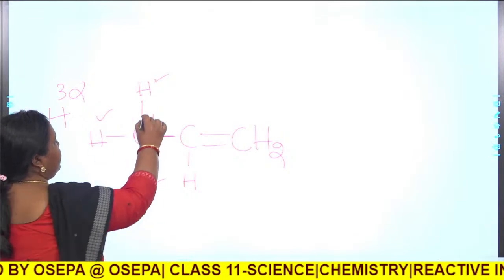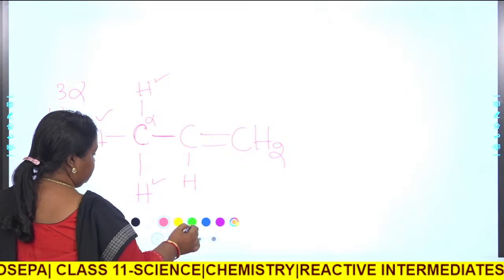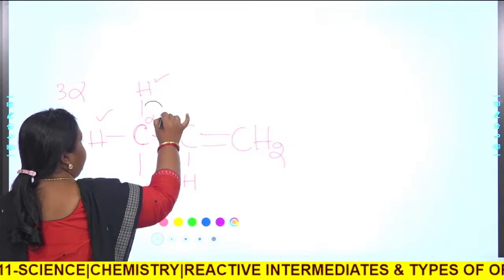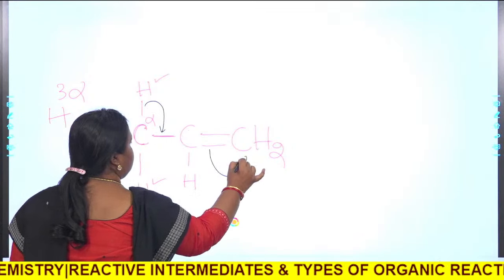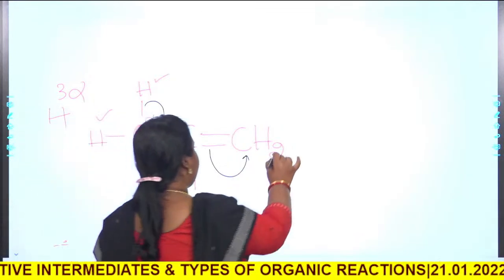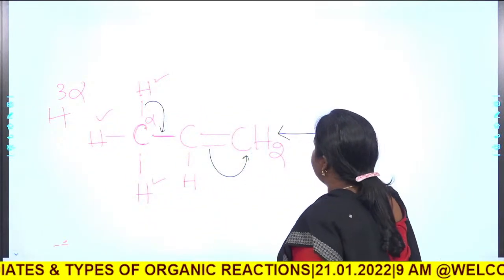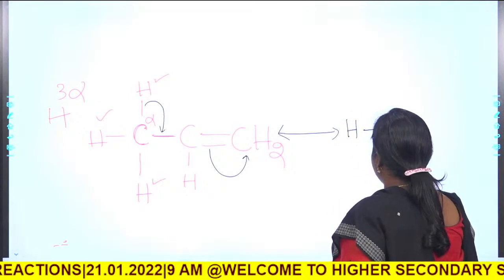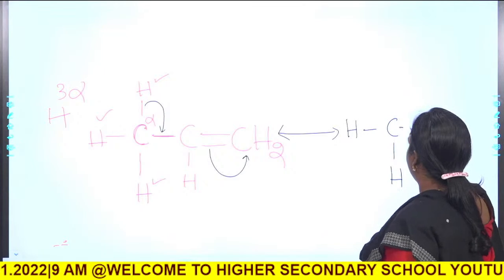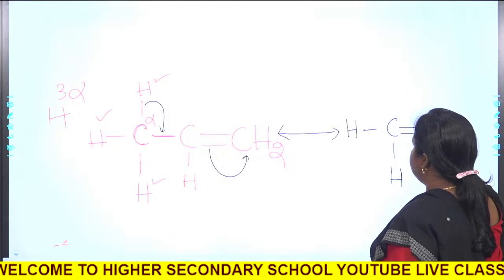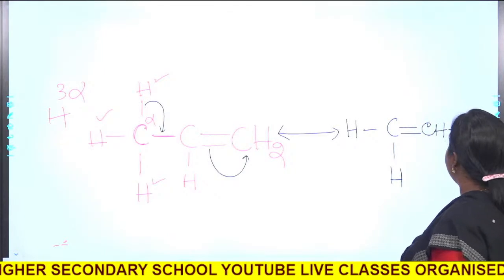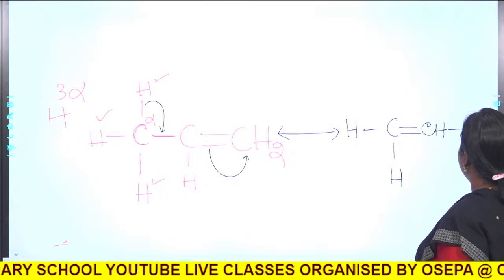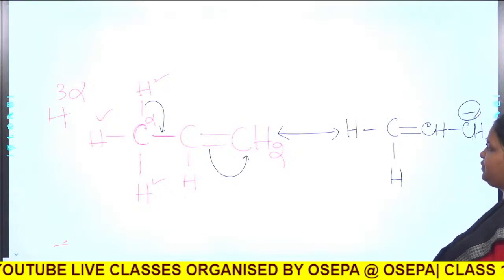Mark here. How will it be? The first one, suppose it is this: H, C, H, double bond, CH, single bond, CH2 minus.